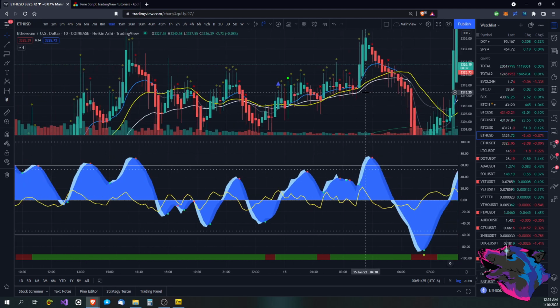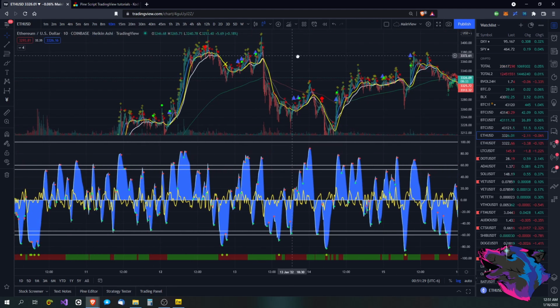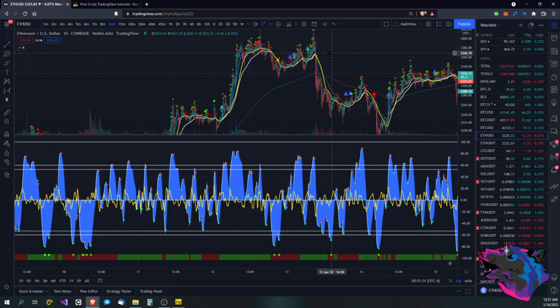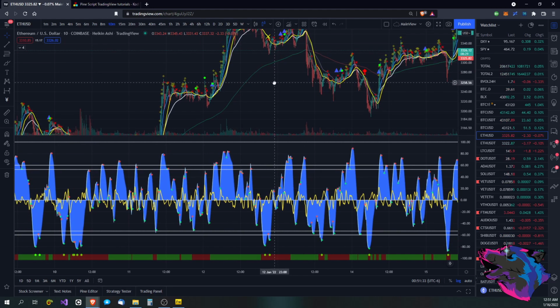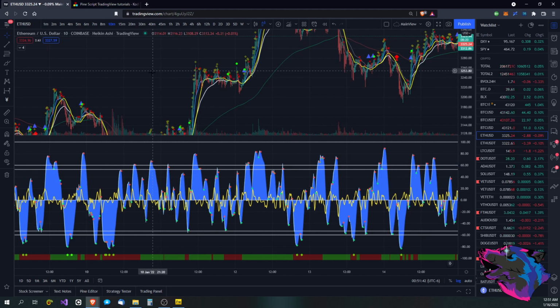But I want to find, and I know we touched on divergence in the last video a little bit, particularly on the high time frame with the previous market top, which is honestly a really good example.